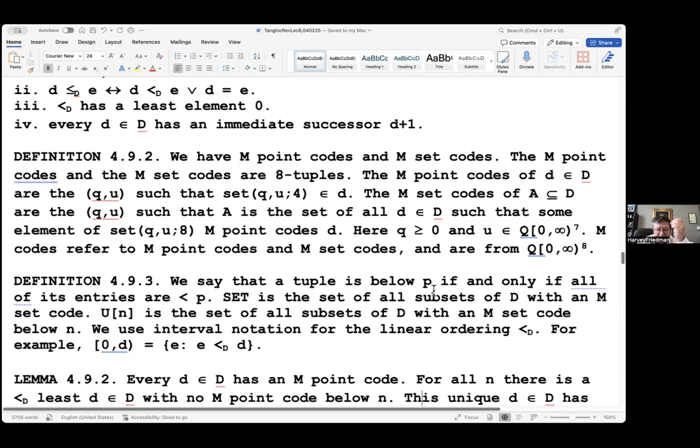So codes for a set of points is a set of codes such that the original set is the set of all D in D such that some endpoint code in the set codes D.